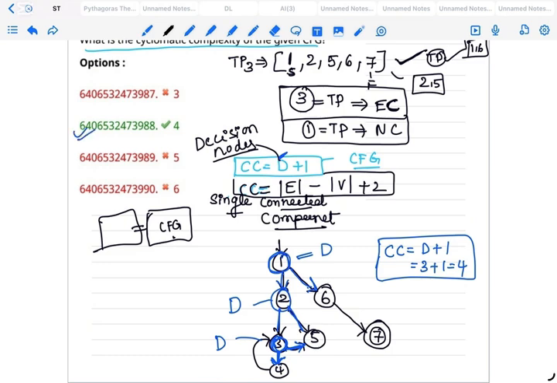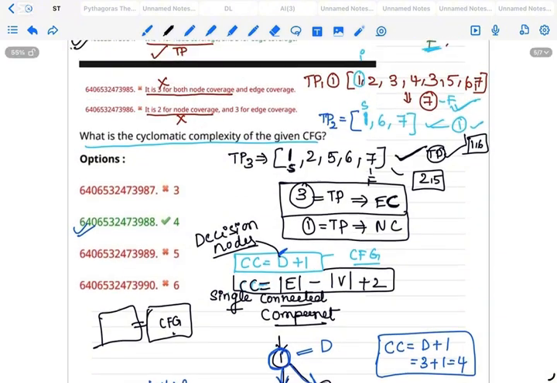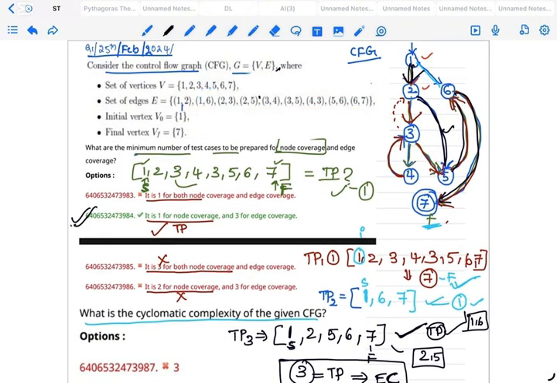Or by using this formula, CC equals the number of edges, E, minus vertices plus 2. How many edges? 1, 2, 3, 4, 5, 6, 7, 8, 9.